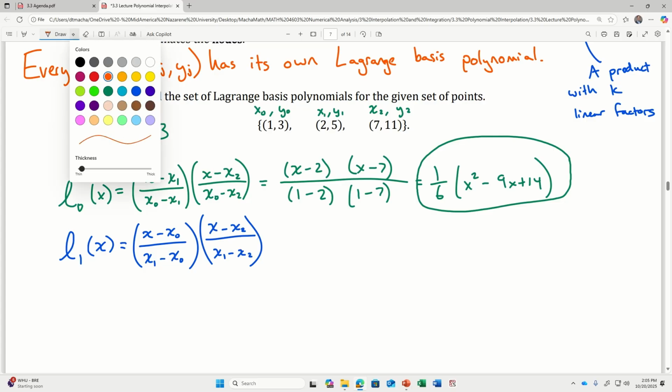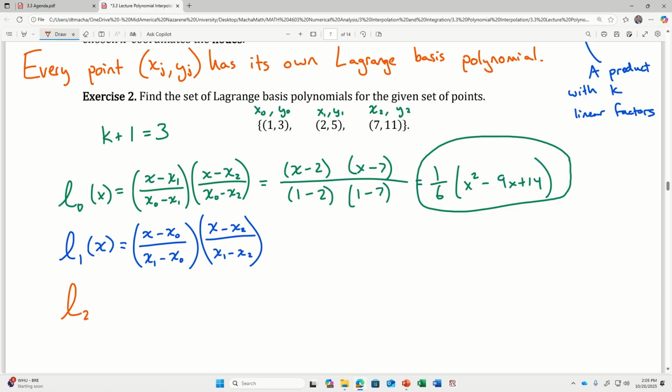For the third Lagrange basis polynomial, L2, that's going to be x minus x0 divided by x2 minus x0, and x minus x1 divided by x2 minus x1.